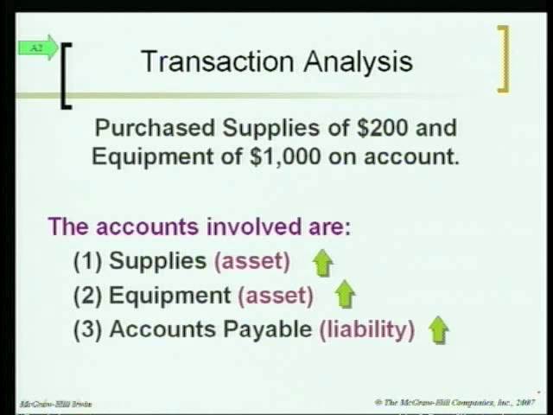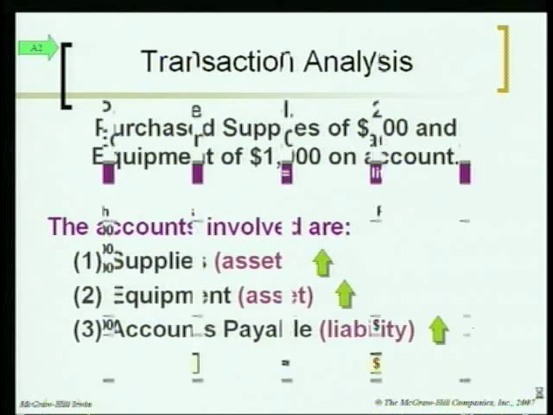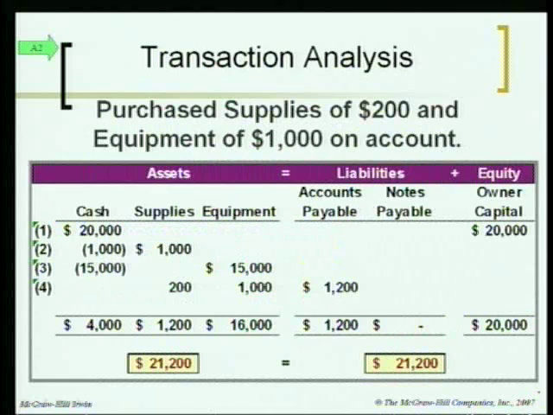Not notes payable, but accounts payable. When we purchase something on account or on credit, accounts payable is affected. So, supplies goes up, equipment goes up, those are both assets, and your AP, your accounts payable, goes up. That's a liability. You with me?